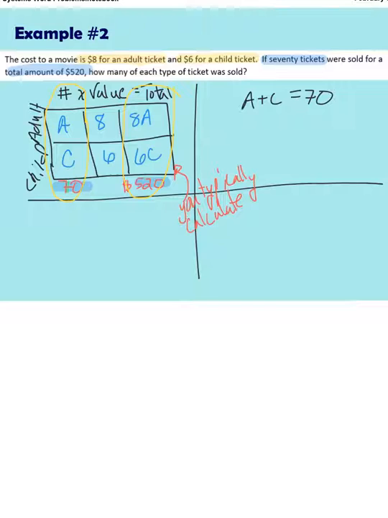And then 8A plus 6C should give me my $520. So 8A plus 6C is equal to 520. At this point, I want you to stop the video and solve that system on your own. Decide which equation or which variable you're going to eliminate, and solve.